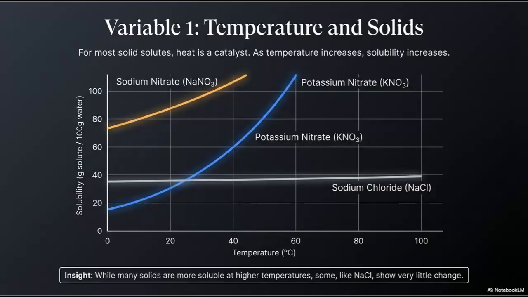So for any substance, I can ask you, okay, if the solubility of this substance is X, will the solution be saturated, unsaturated, or supersaturated? All you have to do is go to the graph. So if I still use potassium nitrate and I tell you that the solubility is 80 grams per 100 grams of water, will that be saturated, unsaturated, or supersaturated?